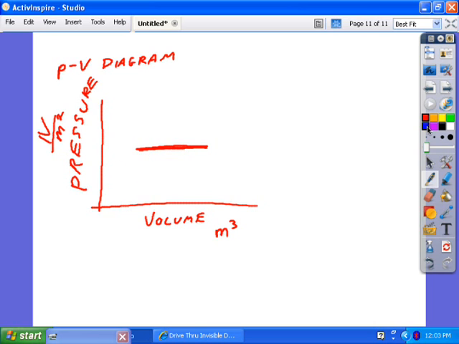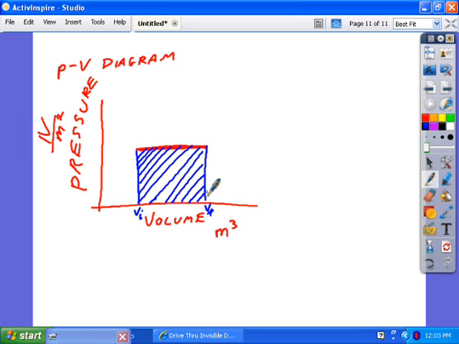So if I were to look at the area underneath here from my initial volume to my final volume, in this situation it's actually pretty simple because, well, we got a nice little square. I don't have to do any type of integration to it. So if we were doing the area of a square, it would be length of side 1 times the length of side 2.